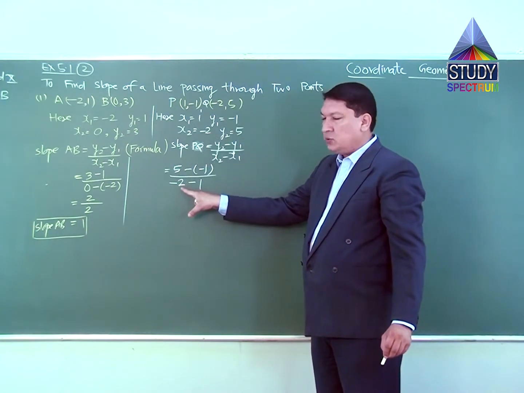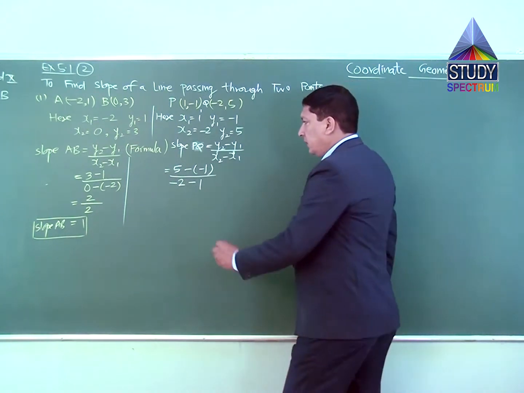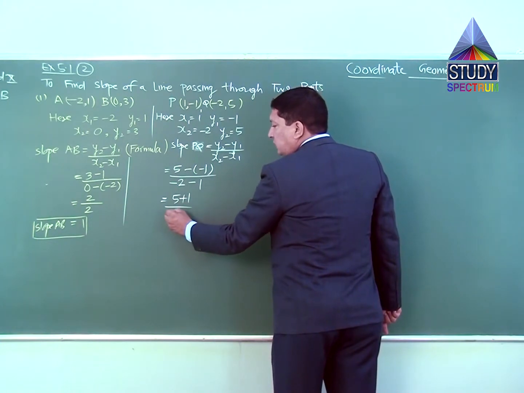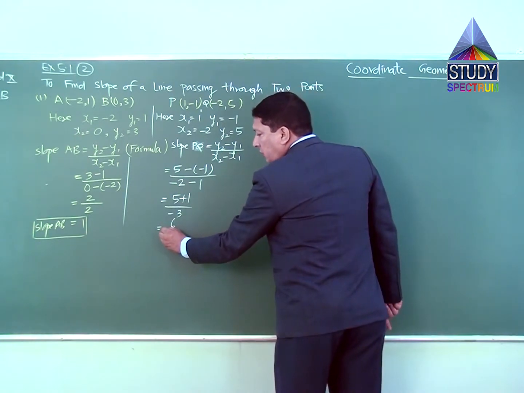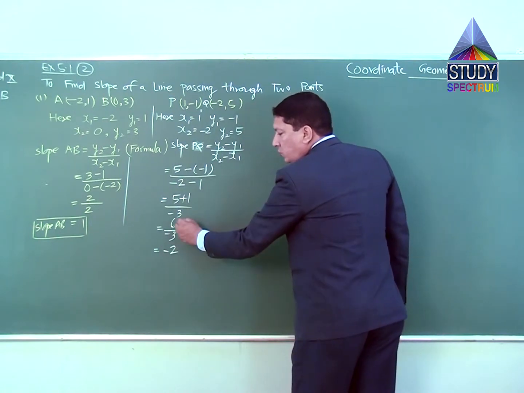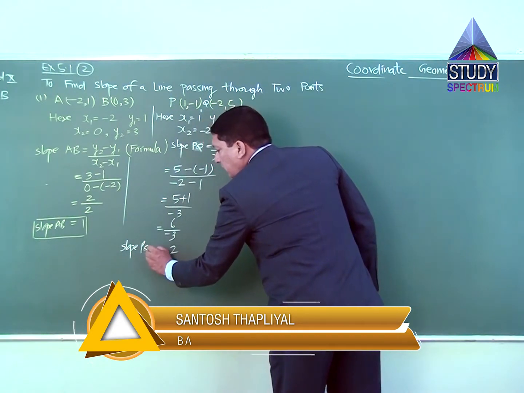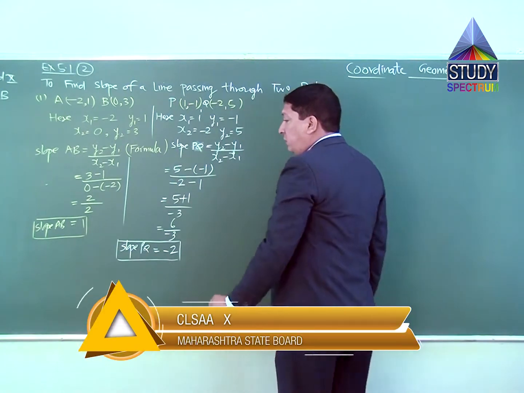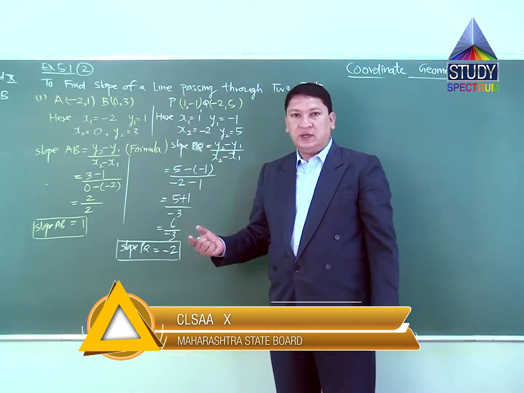So 5 minus of minus 1 is plus 1, minus 2 minus 1 is minus 3. So 5 plus 1 is 6 upon minus 3. So this gives you minus 2. So slope of PQ equals minus 2. It is just a simple formula and we need to substitute values in the formula.